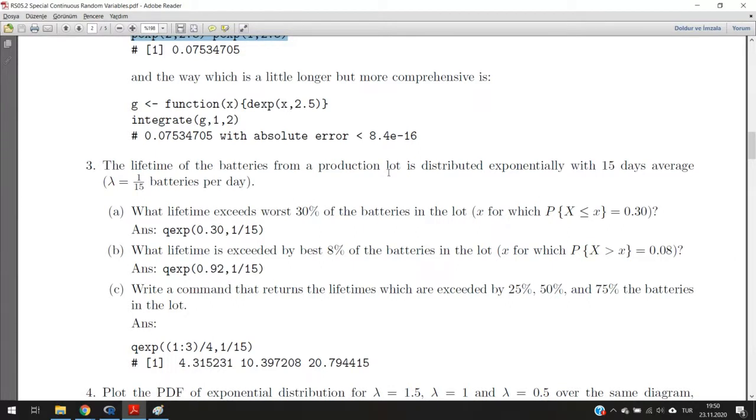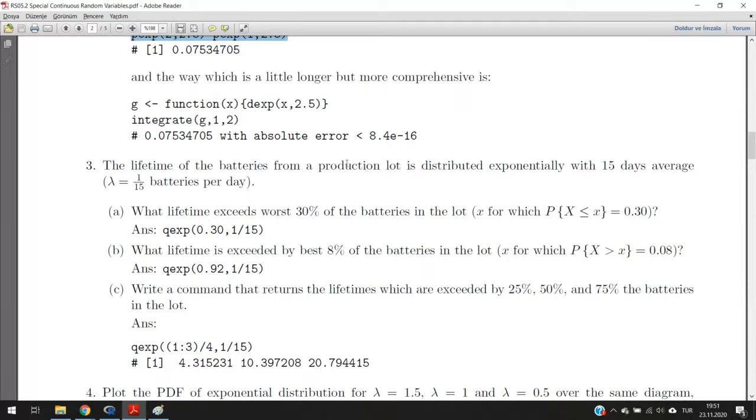Okay, so the lifetime of these batteries are exponentially distributed with average 15 days, which means the rate parameter in daily units is 1 over 15 batteries per day. So on the average, 1 over 15 batteries are dying out. They are exhausting. So on the average, 1 over 15 batteries per day are exhausting. So again, remember, the inverse of the average value of the exponential random variable is equal to the rate parameter. So we know the rate parameter now.